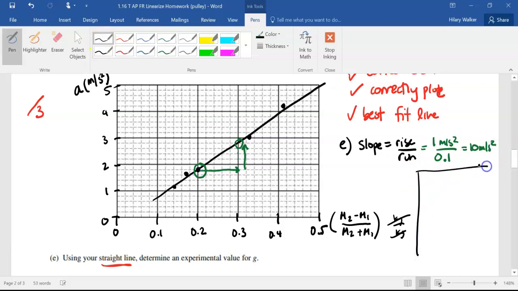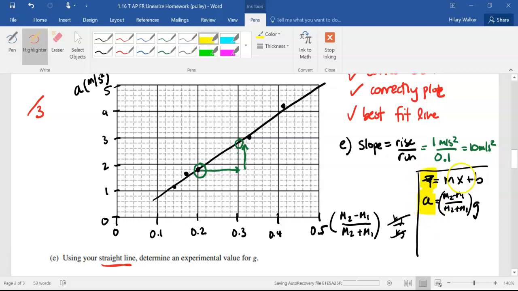Okay, so if we go back to our linearizing, again, we know y equals mx plus b. So we know acceleration was (m2 minus m1) over (m2 plus m1) times g. The y variable, if we match this up, is a. The x variable is this whole thing right here.